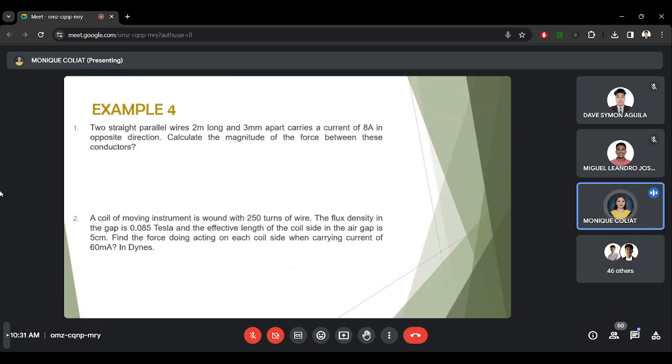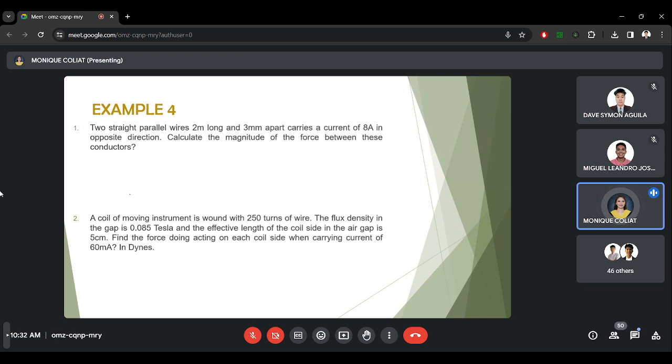So, two straight parallel wires, 2 meters long and 3 millimeters apart, carries a current of 8 amperes in opposite direction. Calculate the magnitude of the force between these conductors.